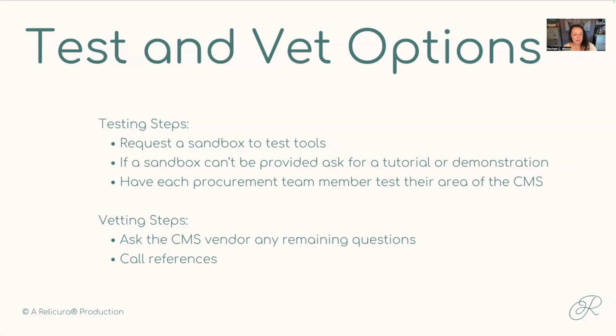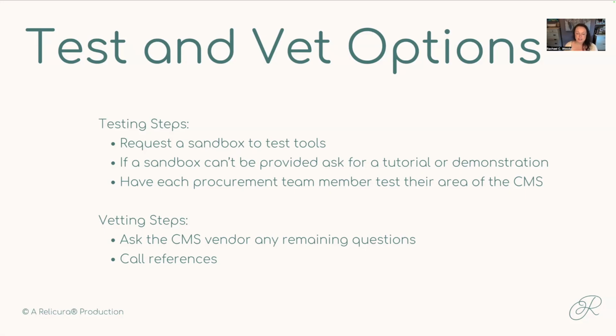And then I recommend having each procurement team member test their area of the CMS, testing if you have a sandbox, reviewing and asking questions if it has to be a demo for that particular area, but essentially giving each person agency and responsibility for their area to understand how well the CMS product works or doesn't for them.